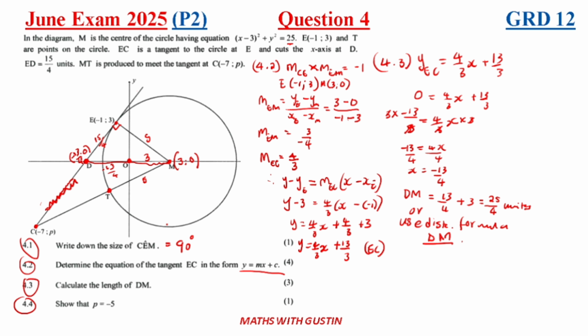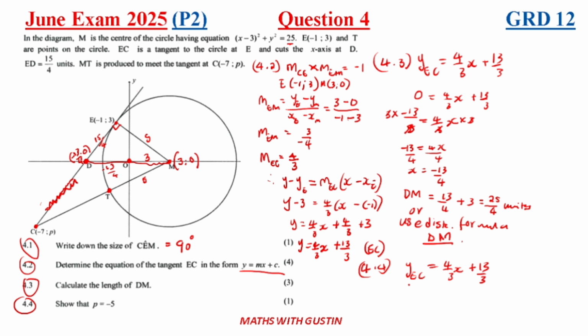So we can say what is y if x is negative 7, in the same line EC, the one we calculated. That's why, guys, it's so important that when you start these questions, make sure that the answers you have calculated are correct. You can always double check your answers, because you're going to use these answers anyway as you carry on with the question.